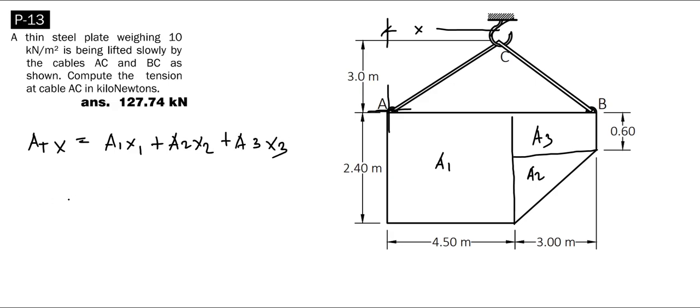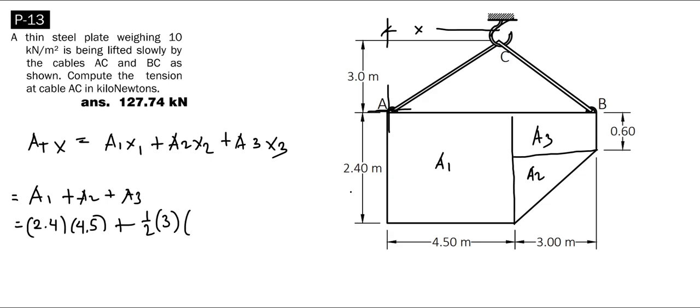For the total area, we take the summation of area 1, area 2, and area 3. Area 1 is a rectangle with an area of 2.4 times 4.5 meters. Area 2 is a triangle with an area of 1/2 times a base of 3 meters times a height of 2.4 minus 0.6, that is 1.8 meters.